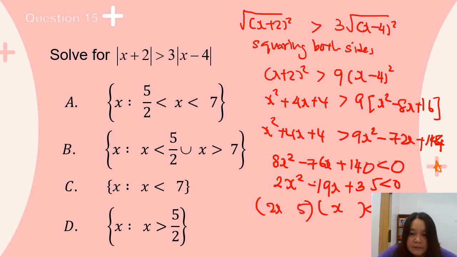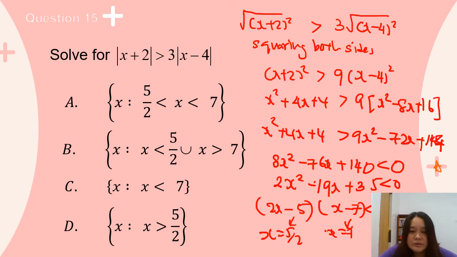So we have the x equal to 5 over 2 as one of the zeros, and x equal to 7 is another zero. So this is a quadratic.